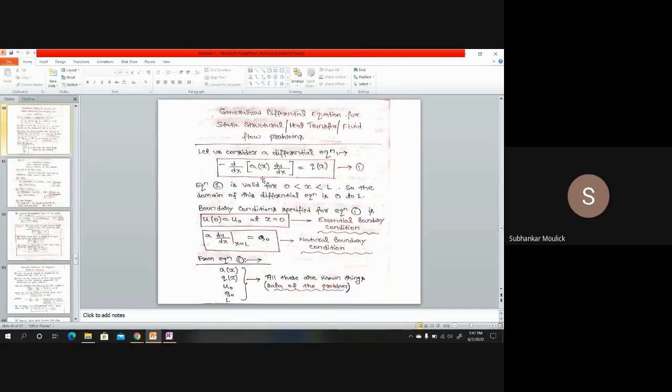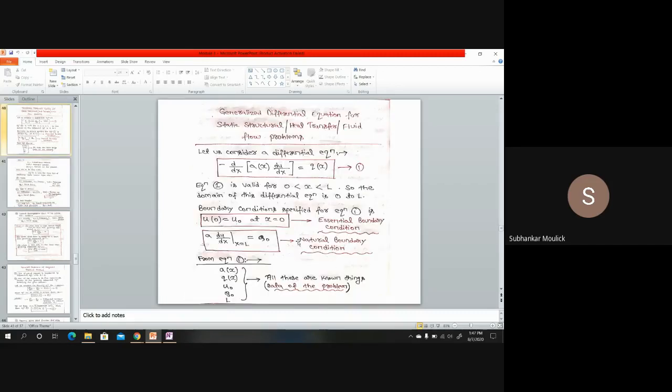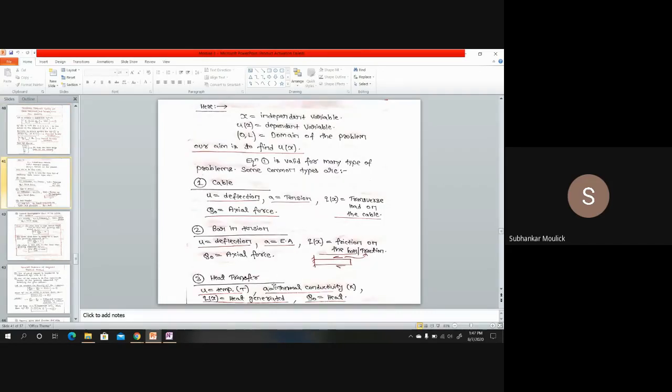I am telling you this for the case when the differential equation is not given to you. If the differential equation is given to you, then it is not an issue, you will use that same differential equation and solve the problem. If it is not given to you, then how to identify all these things, that is what I am telling you here. Is it clear? Yes, sir. Okay.